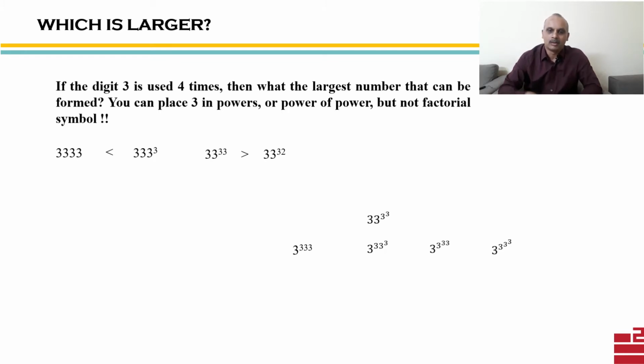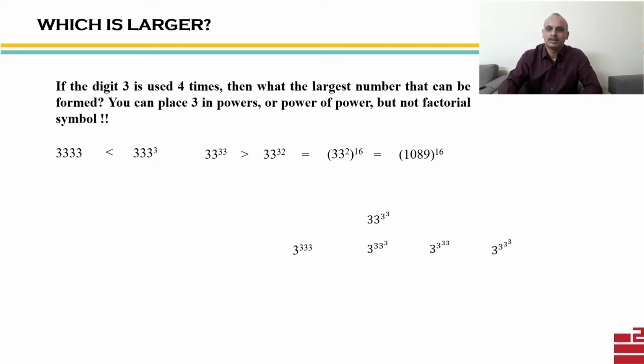So what happens now? 33 to the power 32 I can write as 33 squared to the power 16. Now this is coming from laws of indices. And then we see that 33 square is what? 1089. And so we get this number as 1089 to the power 16.